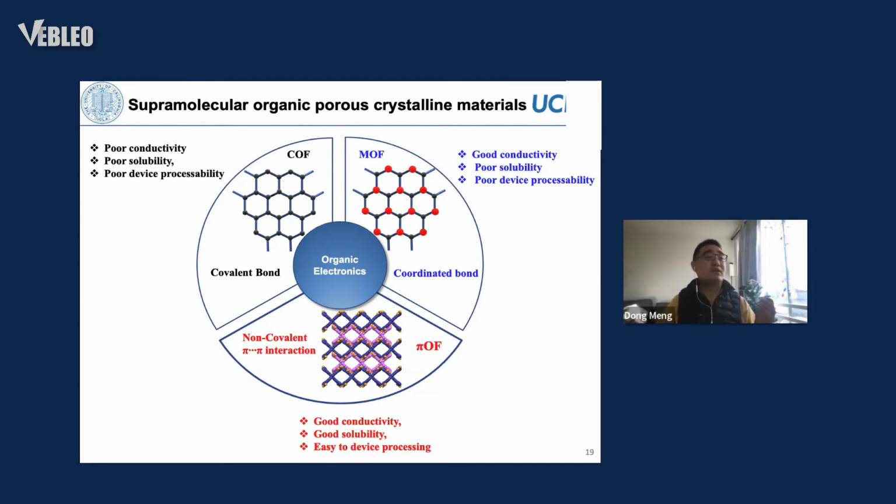So I think it may have better conductivities because of the assembly structure. It is just a small molecule, so it is easier to dissolve. It has good stability and is easier for device processing. So maybe it has advantages over the other famous porous materials.